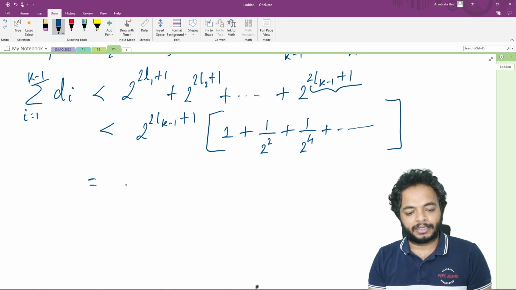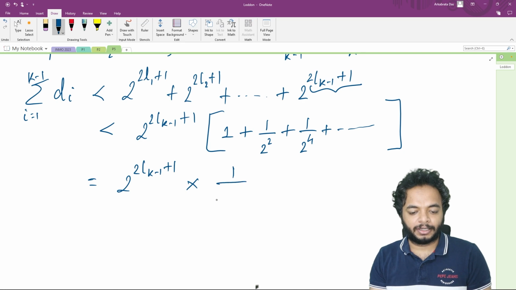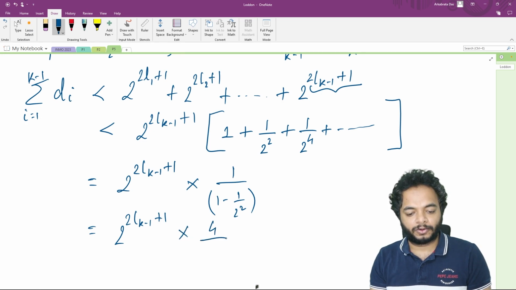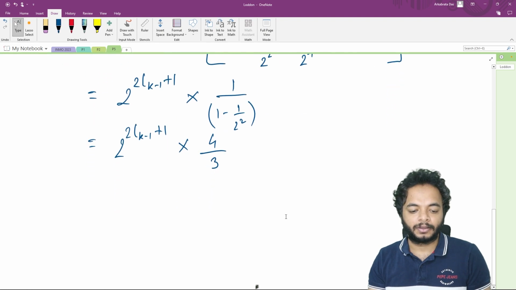Finally, what I am getting is 2 to the power 2L_k minus 1, plus 1, and if I add this up I get 1 by 1 minus 1 by 2 squared. This comes out to be 2 to the power 2L_k minus 1, plus 1, times 4 by 3.